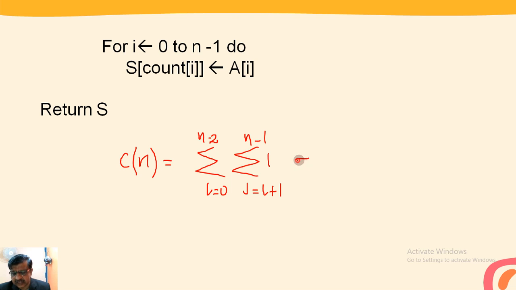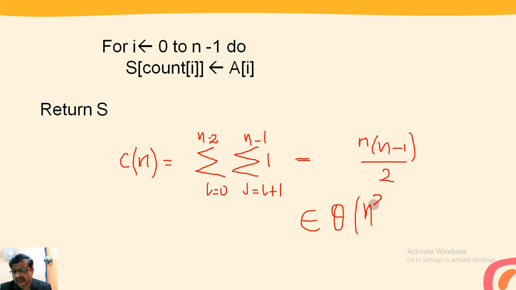Now upon simplifying, this expression will be reduced to n into n minus 1 divided by 2. Therefore comparison counting sort belongs to big theta of n square only in terms of comparisons, only by spending the extra space.